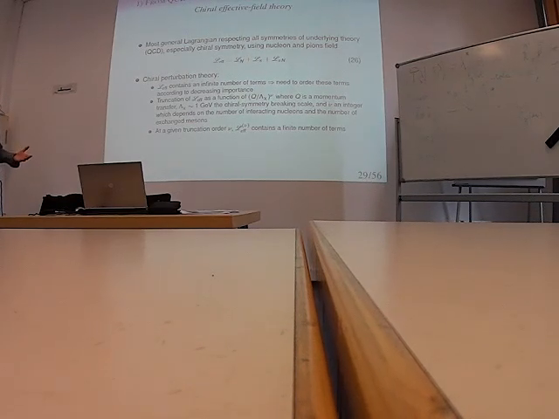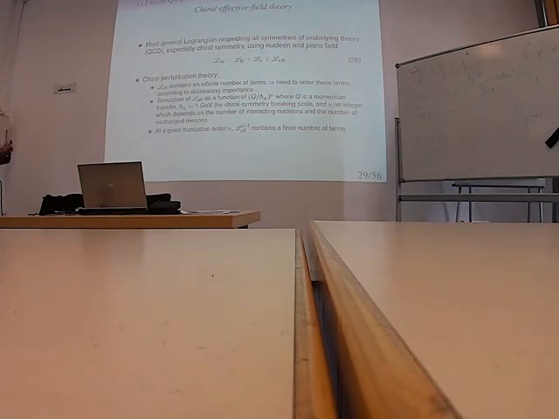Eventually, you would like to code that, so you need, of course, a finite number of terms. And the theory here predicts a limited number of terms for each order you choose. Of course, the order goes up to infinity. And the hope is that you don't need to go to a large order.